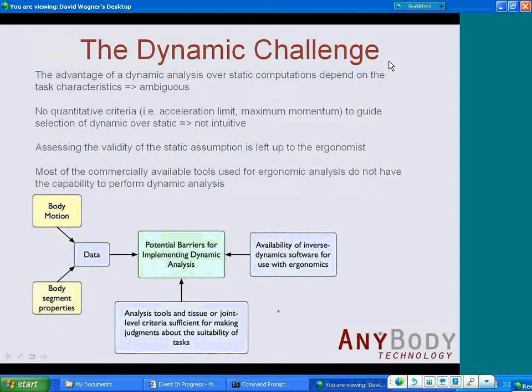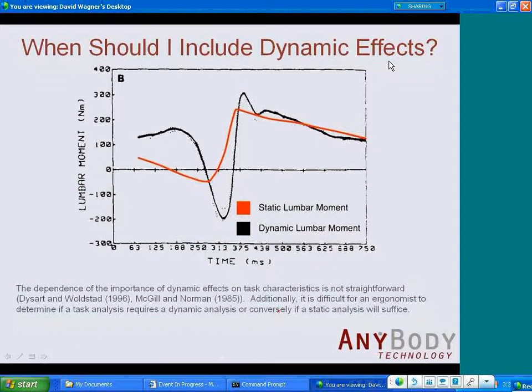So some people have looked at this problem specifically with regards to lifting previously, and they've compared static and dynamic lumbar motion. These plots are from, I believe, McGill and Norman, and it's just an overlay plot of the static versus dynamic lumbar moment from a sagittal plane lifting model that predicted these lumbar moments.